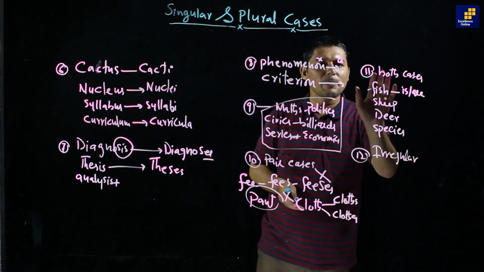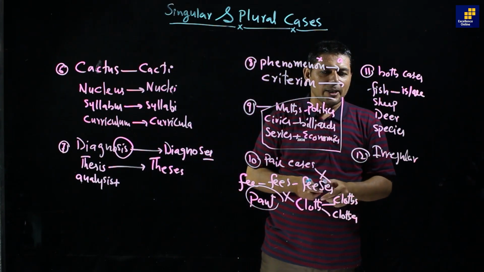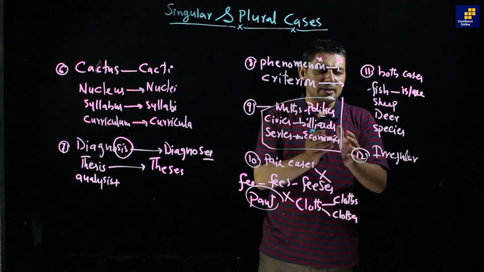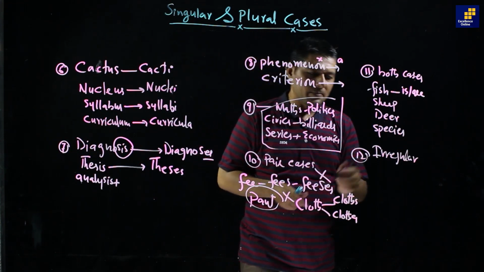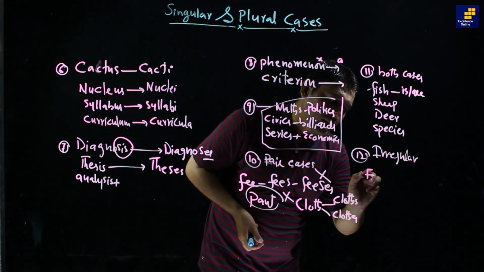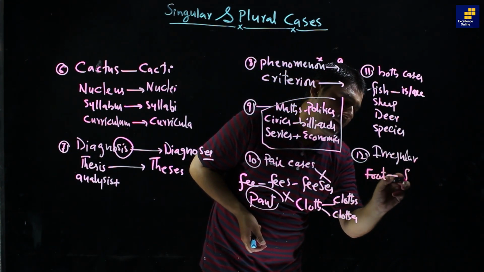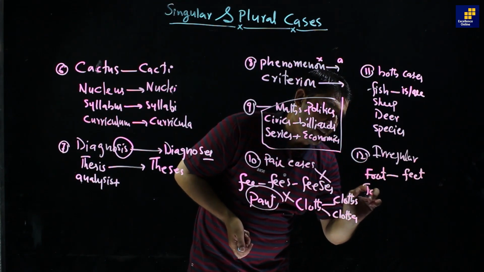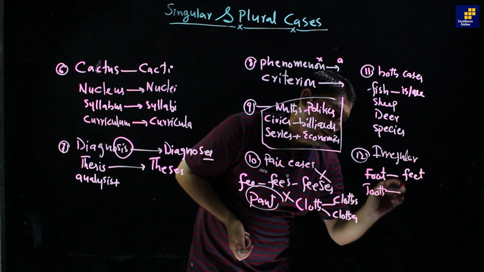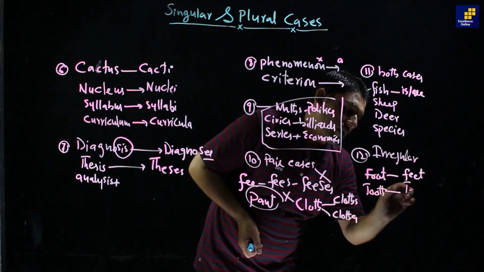Okay. Apart from 11, rule number 12 has different categories, so that is why we have given it the name irregular forms. Example is foot, singular, then feet, plural form. Another example is tooth, then teeth.